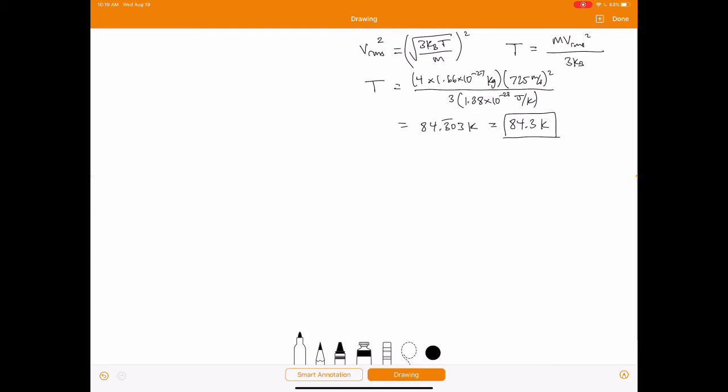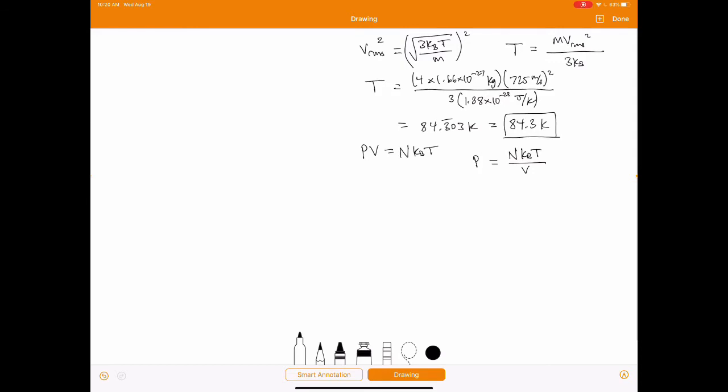Okay, the next thing we'll do is find the pressure. And the way we can do that is by using the ideal gas law. So first, we're going to say that PV equals NkT, where Boltzmann's constant is k. If we want to solve for the pressure, that would just be N times Boltzmann's constant times the temperature divided by the volume.